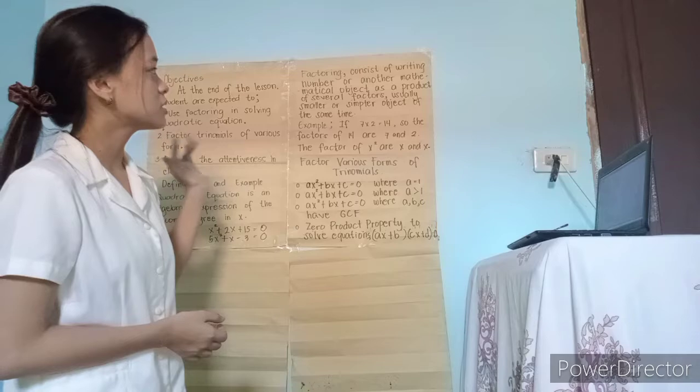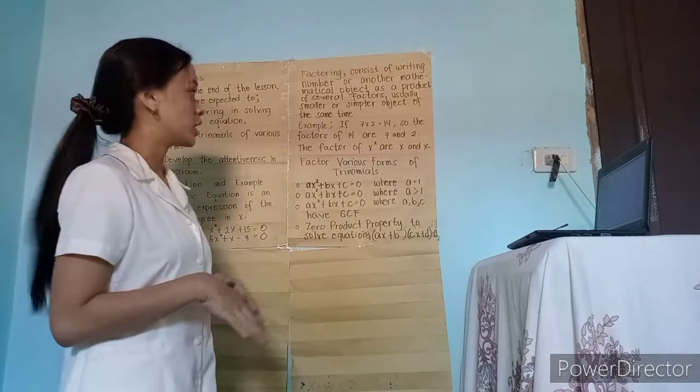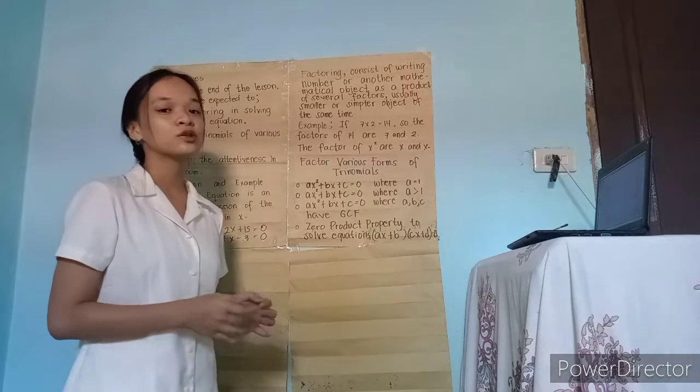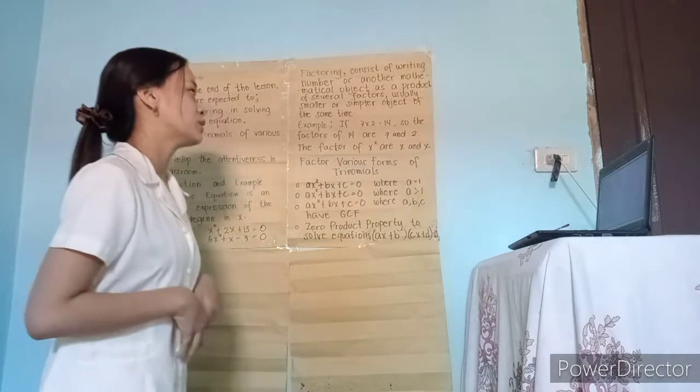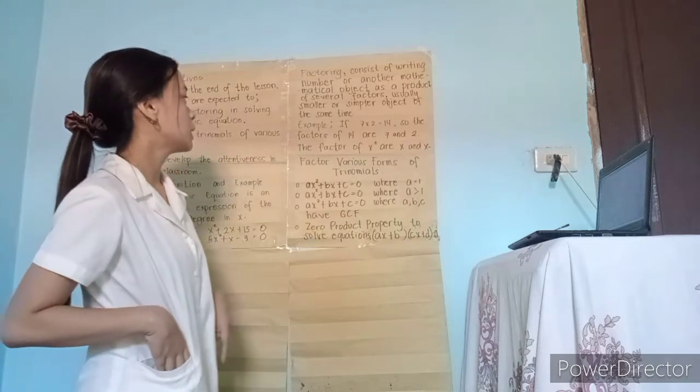How about factoring? Factoring consists of writing numbers or another mathematical object as a product of several factors, usually smaller or simpler objects of the same type. Here's an example.